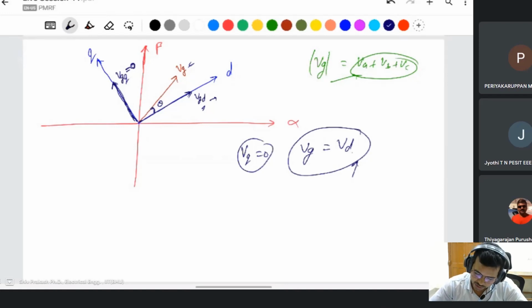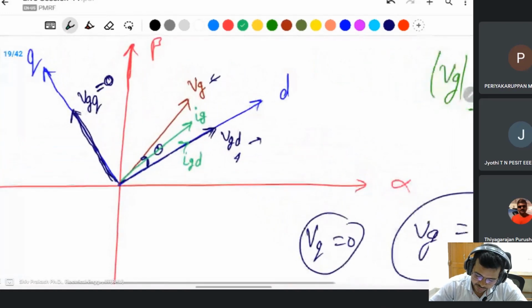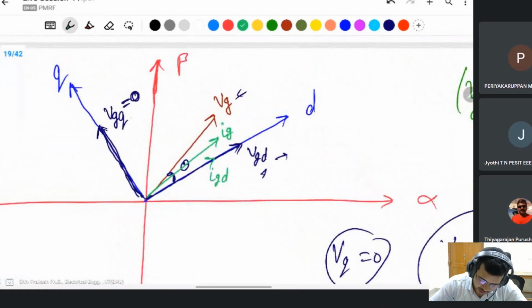Suppose some current IG is also here. IG has also some components on D axis and Q axis, IGD and IGQ. There is some angle difference between VG and IG.